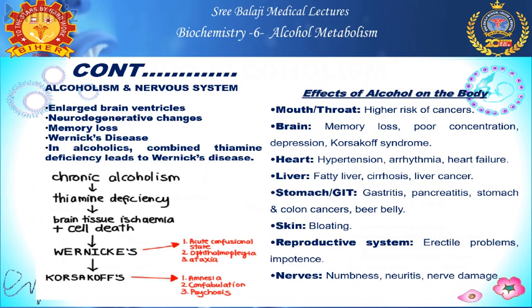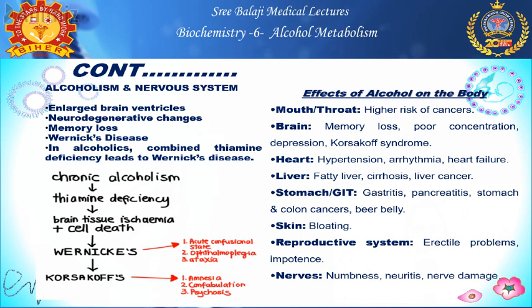Alcoholism can have an impact on the nervous system due to the deficiency of thiamine. This thiamine deficiency may be because, in chronic alcoholism, your intestine cannot absorb the thiamine. So thiamine deficiency can be seen in chronic alcoholism. That will lead to brain tissue ischemia and cell death.